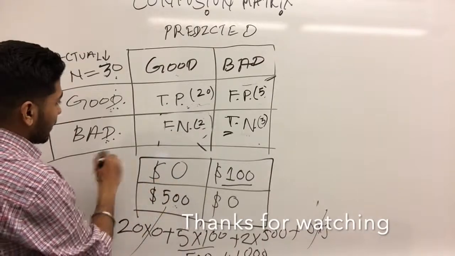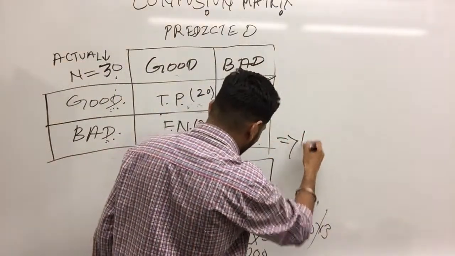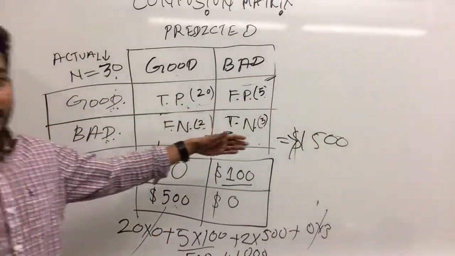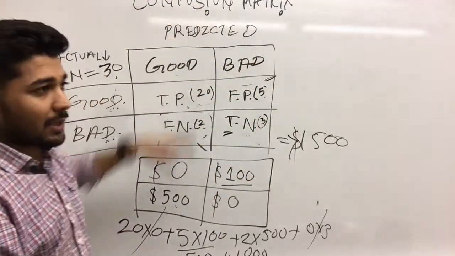So the total expected value of multiplying this with this would come out to be $1,500. So you can say there is one expected value coming out of this whole classification.